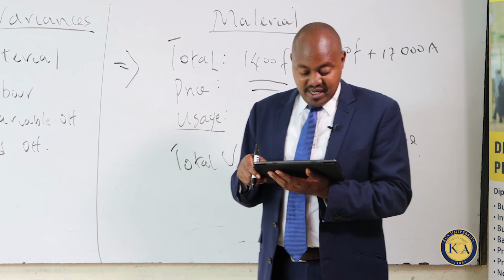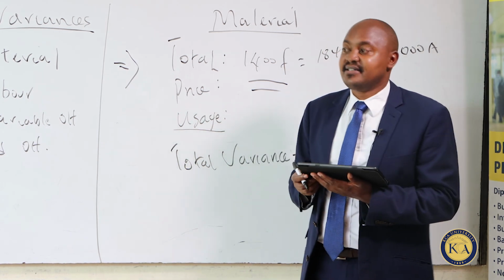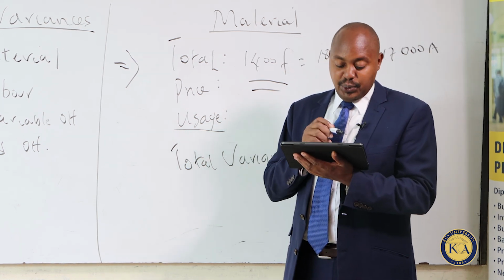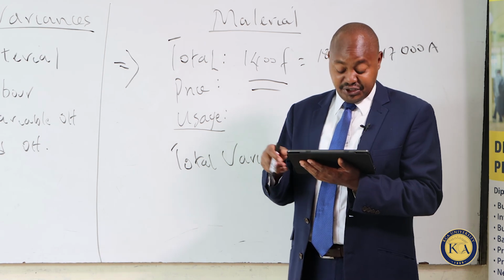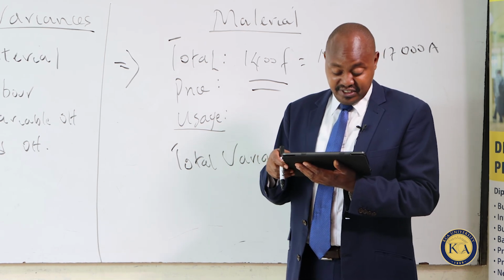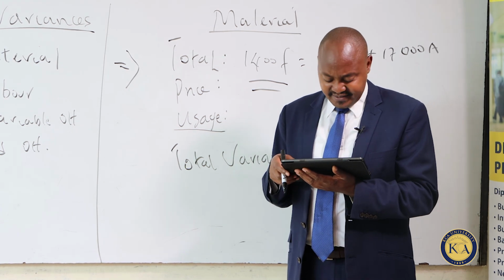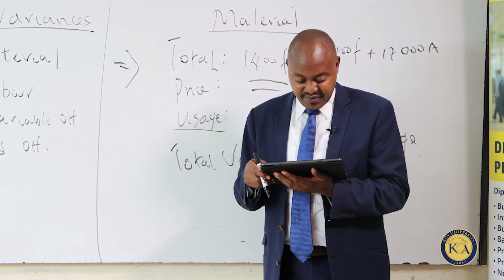It is important to do a reconciliation of these variances, and as you do the reconciliation, we have to know that the total variance should be equal to all these subdivisions: the rate variance, the efficiency variance, as well as the idle time variance. Let's check whether our workings will reconcile.